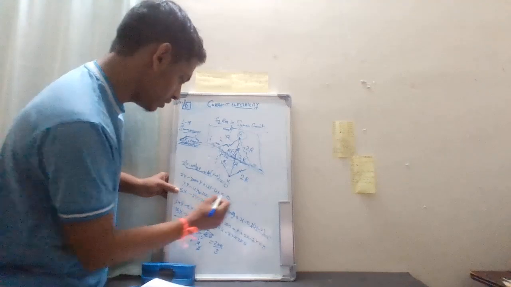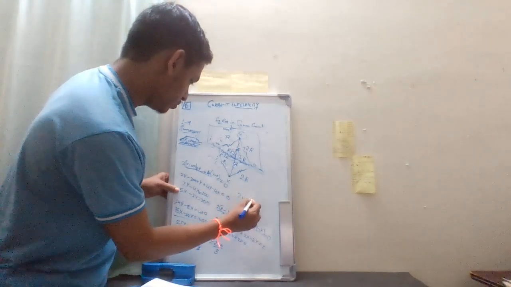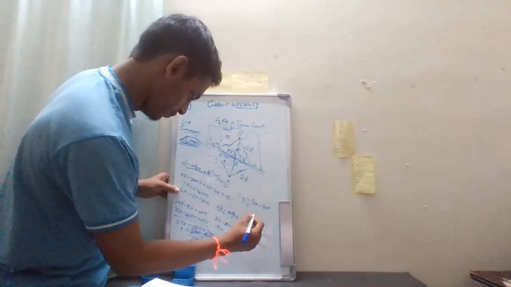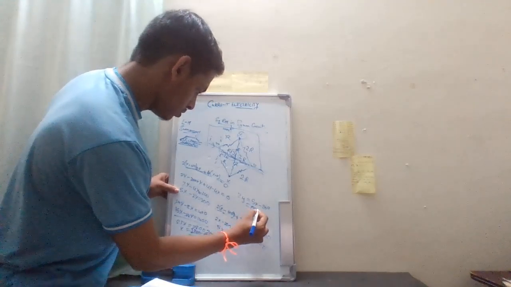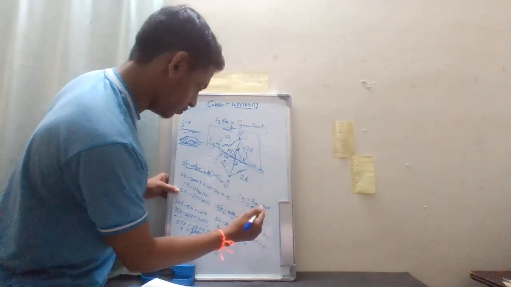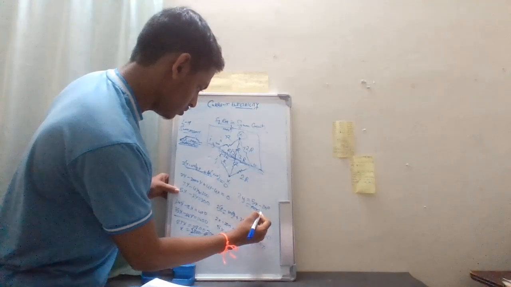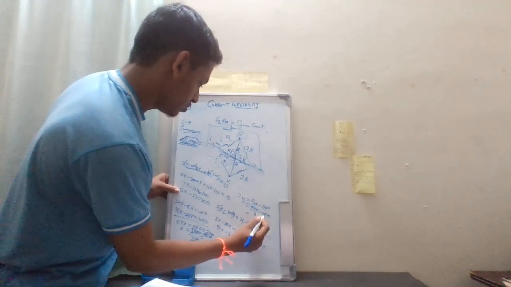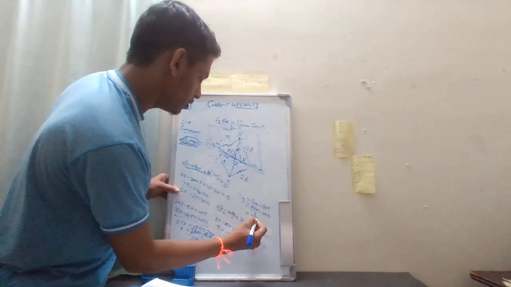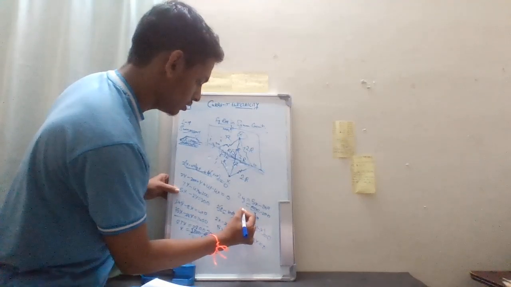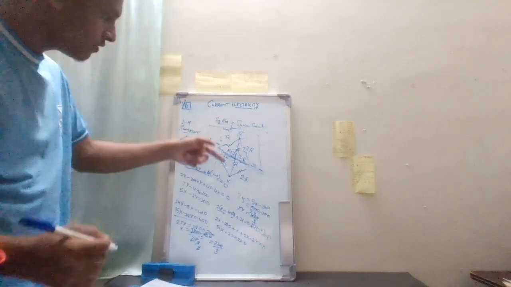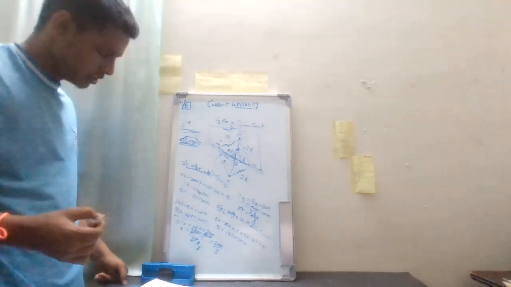If we substitute that here, 2y equals 5x minus 200. So 1000 by 3 minus 200, right? So 600 minus 1400 by 3. 2y equals that, 200 by 3. So x and y both are 200 by 3.